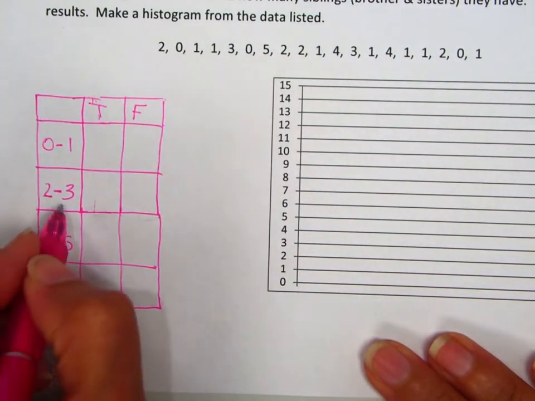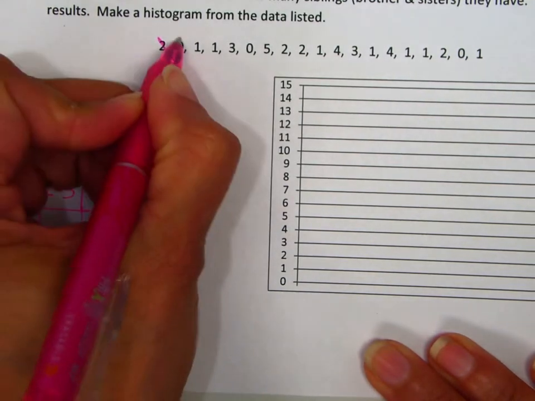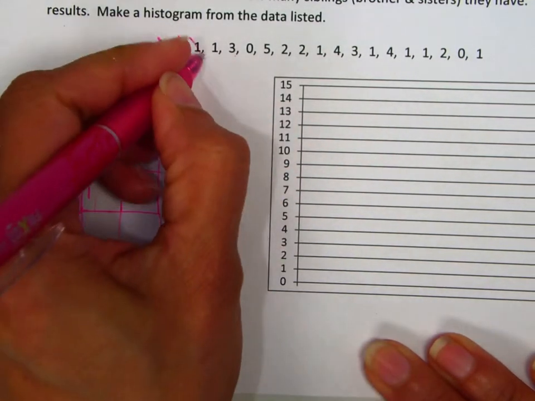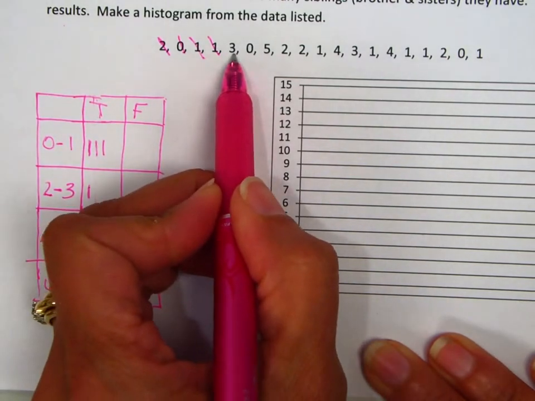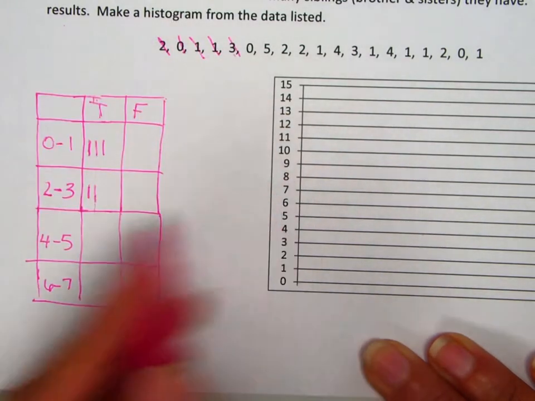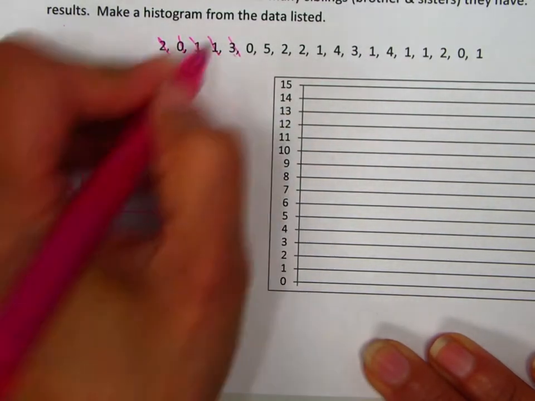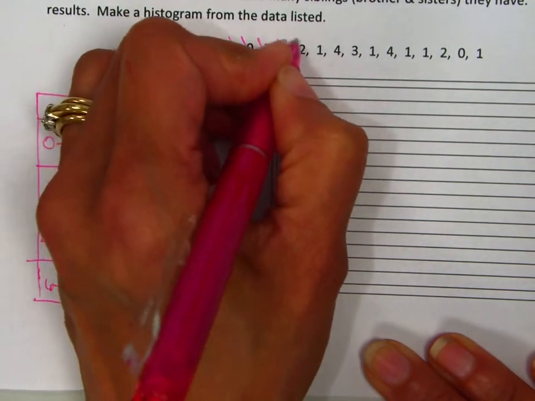Here's a 2. Here's a 0. I have a couple of 1s. Tally it up in the 1 row. Here's a 3, 0, and I just keep doing this for all my data.